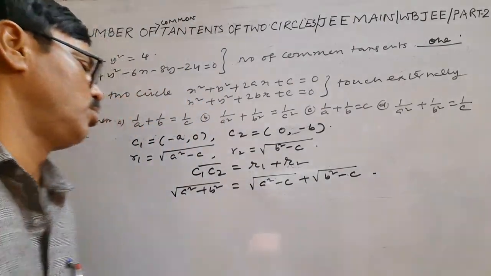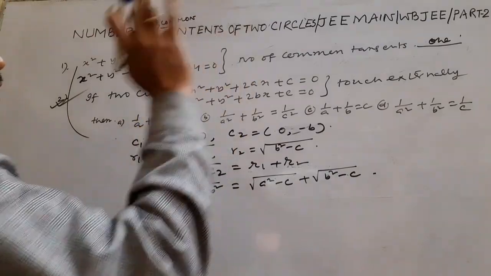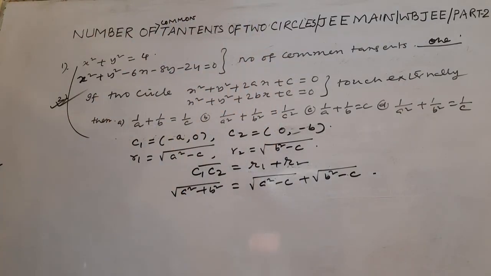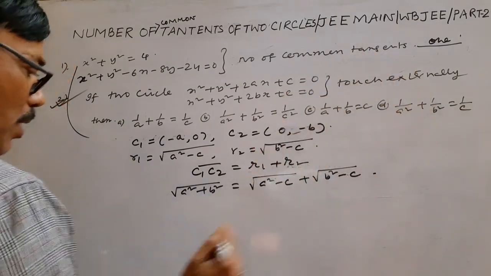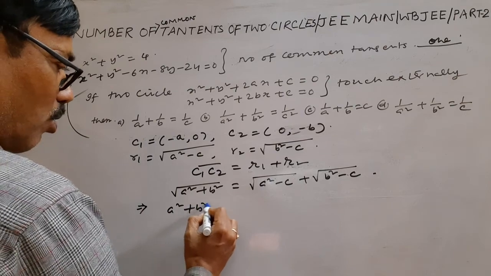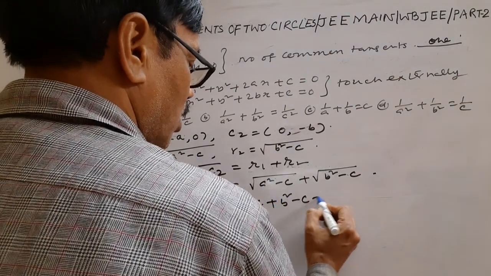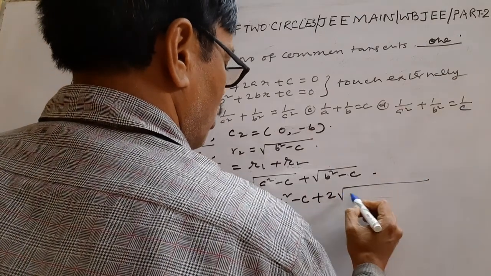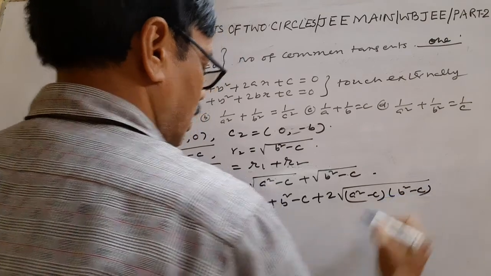Now you have to simplify this relation to get one of the four alternatives. So the final relation is independent of roots. So take the square. a square plus b square equals a square minus c plus b square minus c plus 2 into root over a square minus c times b square minus c.